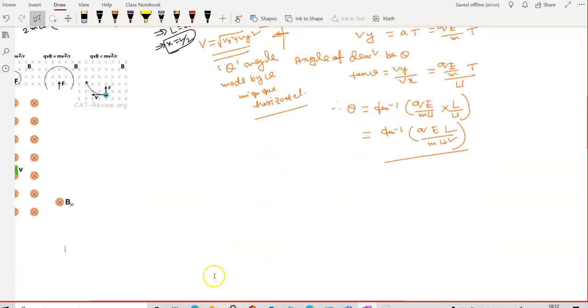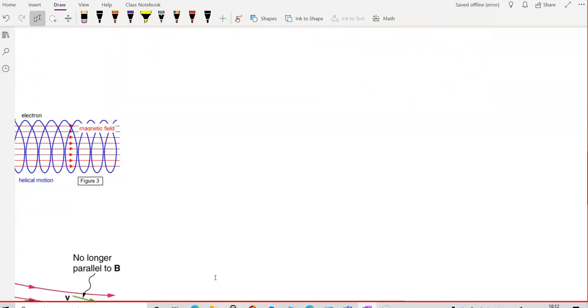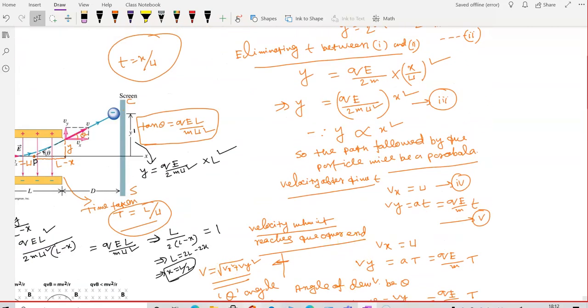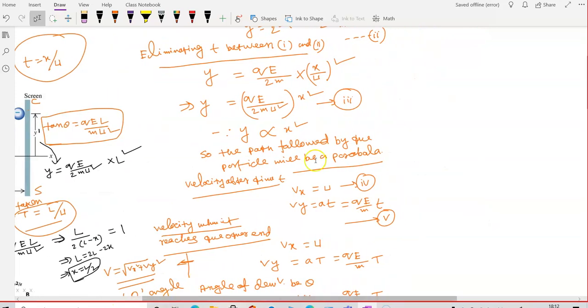This part y dash, we are going to find the value of y dash there. Let's go through the diagram to find y dash.